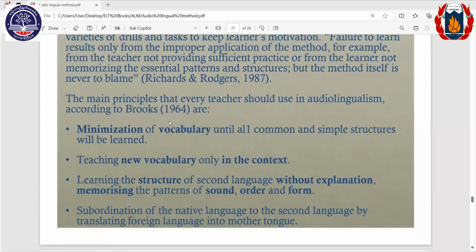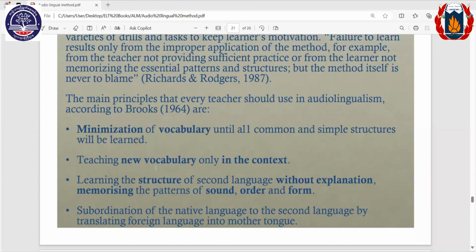The main principles of audiolingualism include the minimization of vocabulary until all command and symbol structures are learned, because it does not encourage using words one by one or separately. Once you learn new words and new phrases, they should be used in context.